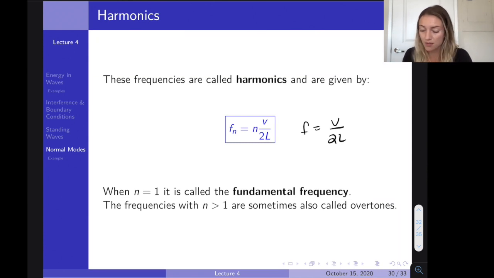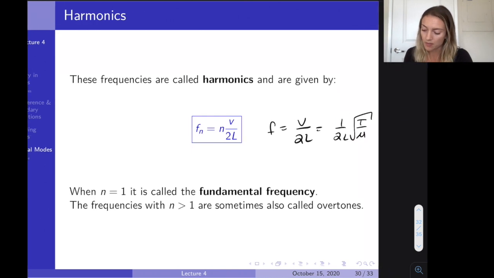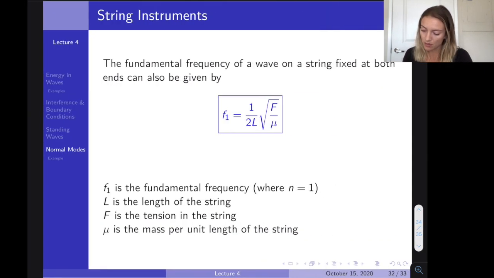So I can replace v with the square root of the tension divided by the mass per unit length. And now for my fundamental frequency I get 1 over 2L times the square root of tension over mu. And so we have this equation for our fundamental frequency, which I wrote here. And again, this is for a string fixed at both ends, so that's very important.